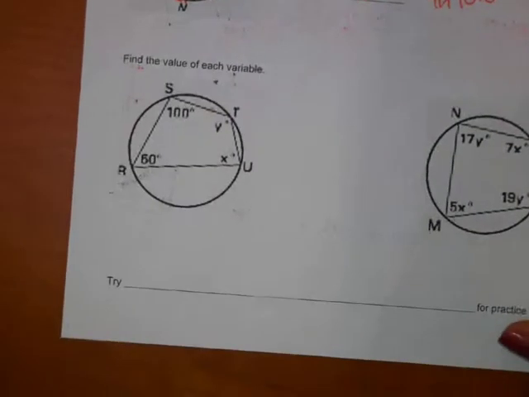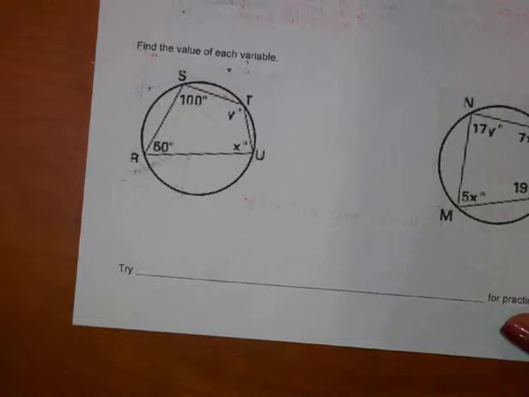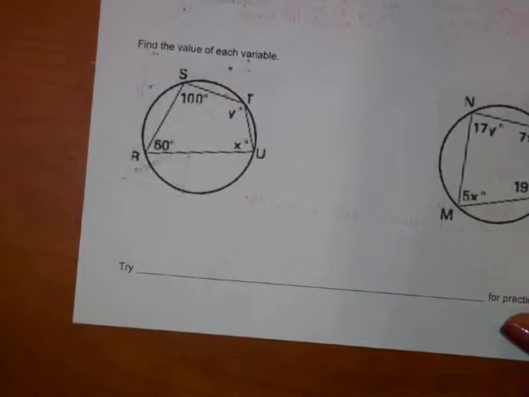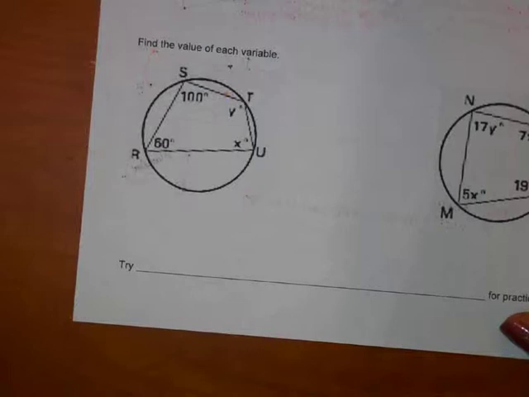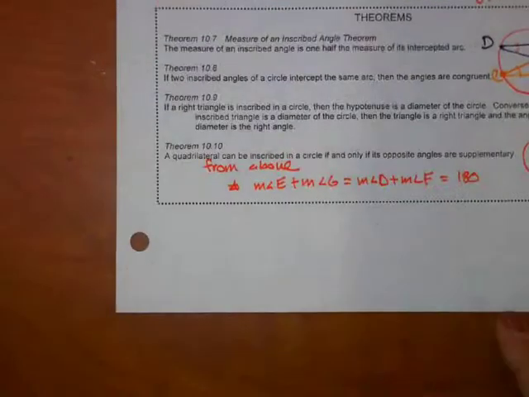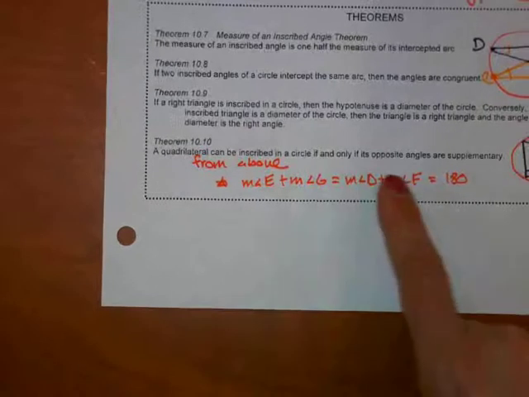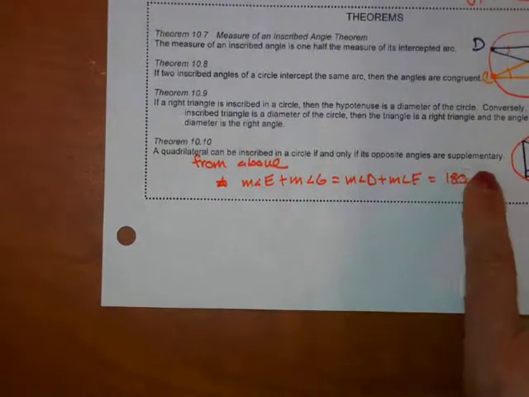Okay. Find the value of each variable. Oh, aren't they like this? It has to equal 180. The opposite angles of an inscribed polygon have to equal 180. A quadrilateral, the opposite angles. Oh, weird. I know it's different than what you want to think. A quadrilateral can be inscribed in a circle if and only if its opposite angles are supplementary.